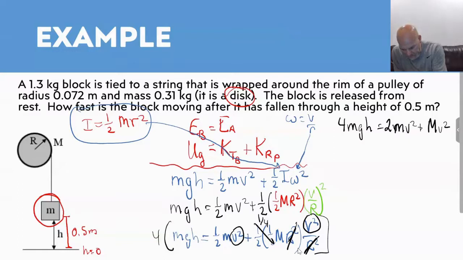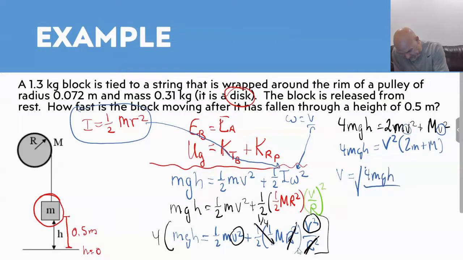Again, these v's are the same, so I can factor that out. So v squared times (2 little m plus big M) equals 4mgh. And I would just say v equals the square root of 4mgh divided by 2m plus big M.